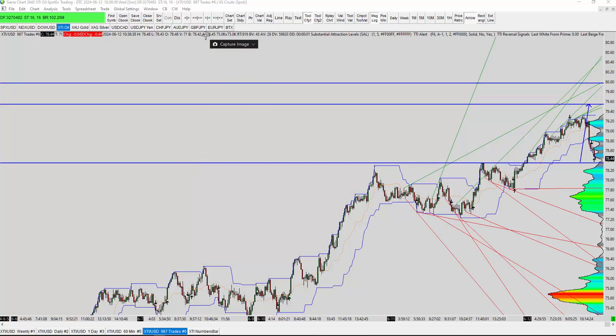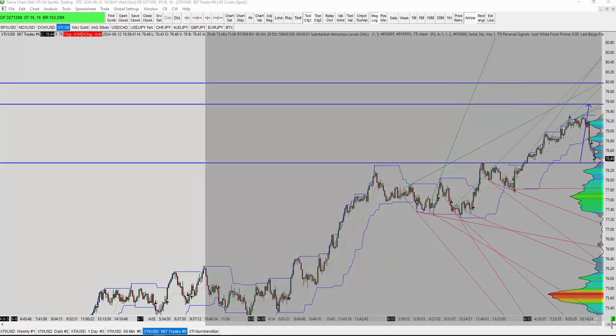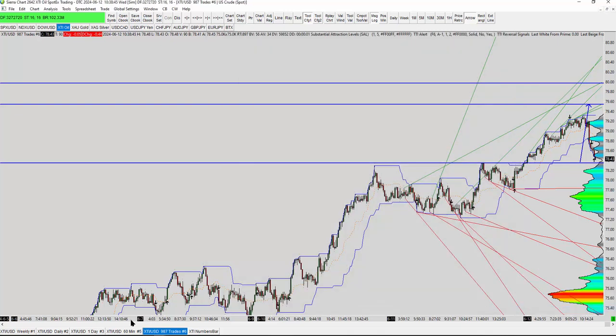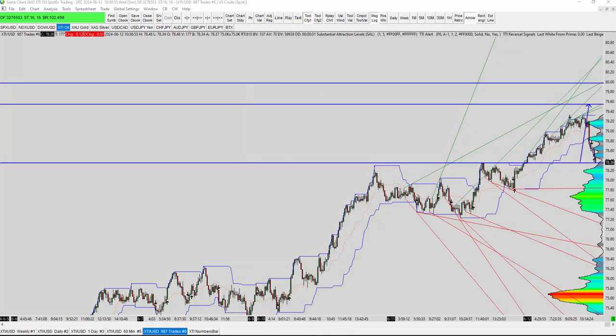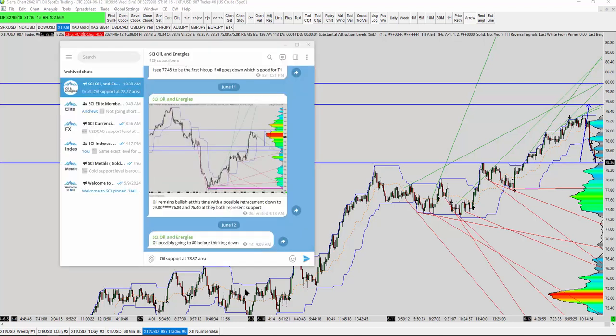This is part of what I do for my members. Sometimes it takes longer than usual to grab this snapshot, but it's part of the process that I do. XTI/USD here. Copy image and I post it.